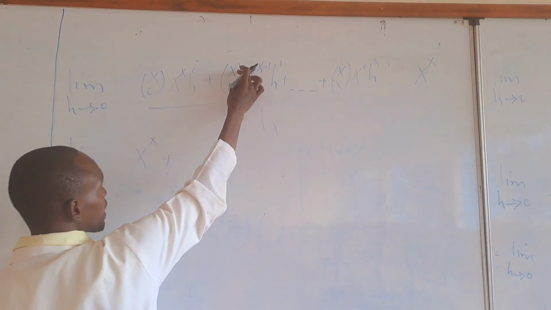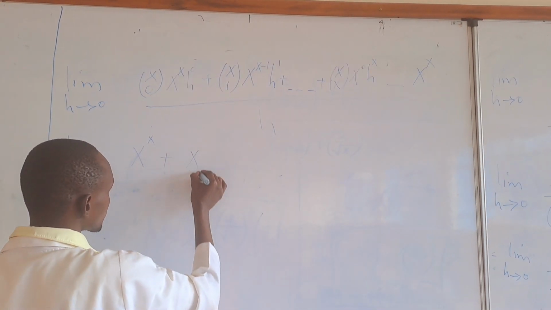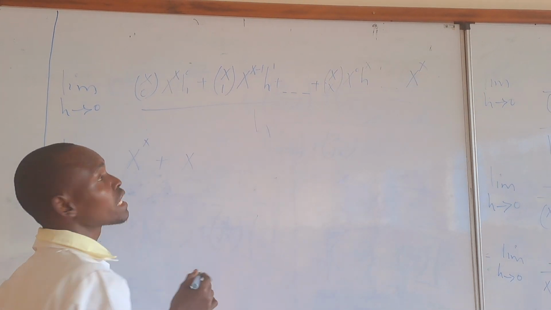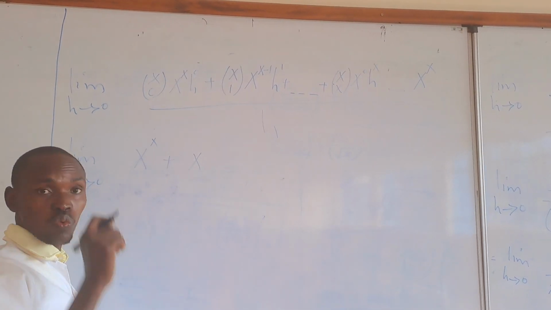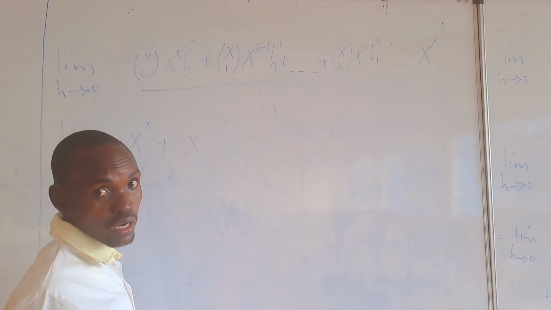For this, x combination 1 will be x. We know very well that any number combination 1 is just the same as that number, and you can confirm that from your calculators.